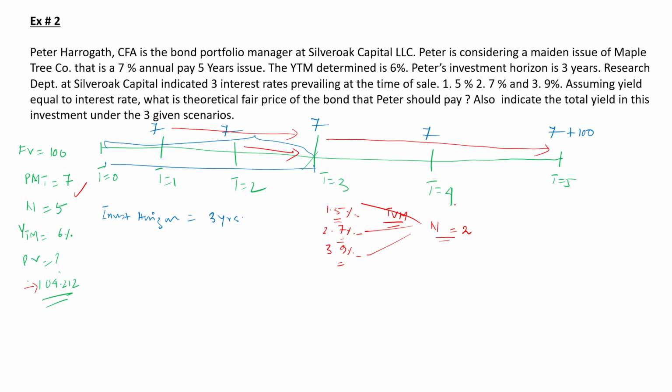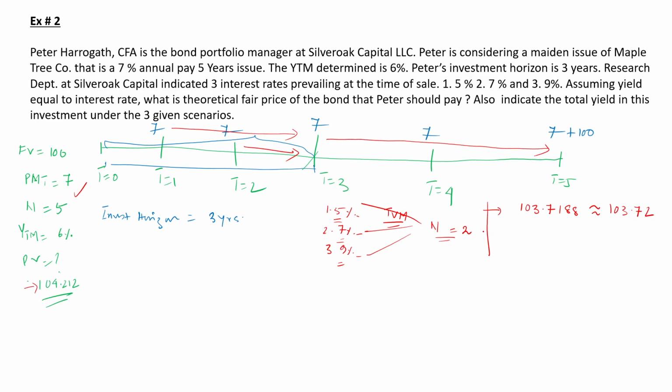So once you do that, you will see that under the 5% interest rate regime anticipated, the market price of the bond at the end of 3 years would be 103.7188, or I will round it up to 103.72.